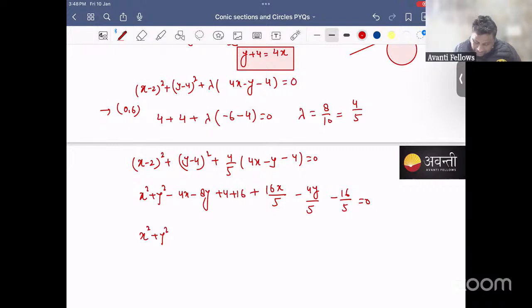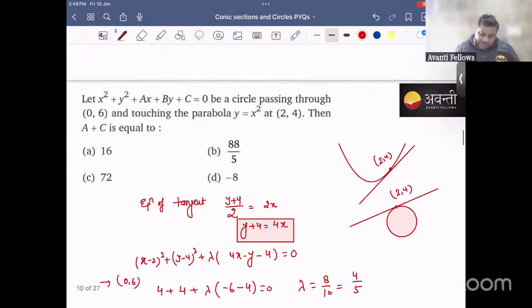Now this and this: 5 4s are 20 and plus 16, so minus 4 by 5 x. Minus this, 5 8s are 40 and 4, so minus 44y upon 5. And plus 16 and 4 is 20, 100 minus 16, 84 upon 5 is equal to 0.